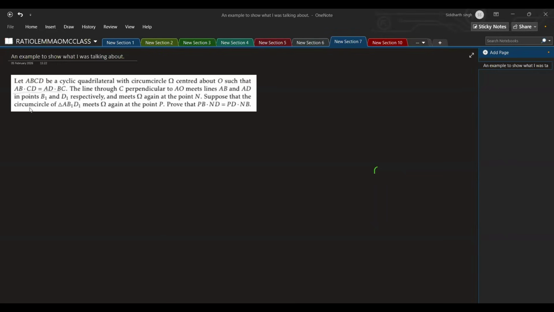Okay, someone just joined. So basically, we are trying this problem. We have done the basic theory of ratio lemma, and this is actually not a ratio lemma problem. We are trying to use other things. This is a projective geometry problem, but we'll not be using projective geometry for this one. This just goes to show how much utility ratio lemma has. The main hint is just to convert this into ratio lemma terms.